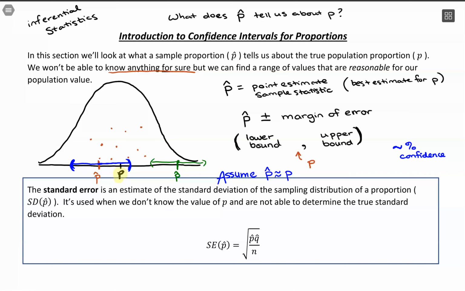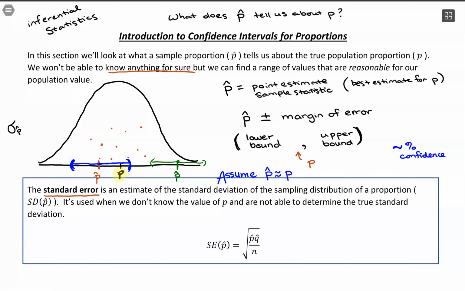So in terms of center of the distribution, we're going to use our sample proportion. Then for standard deviation, our terminology changes ever so slightly here, and that standard deviation is going to change to standard error.